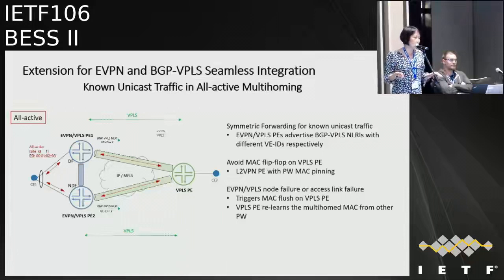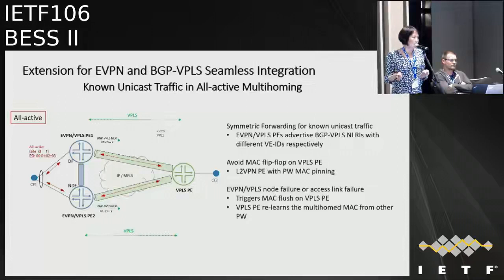This way, both PE1 and PE2 can accept the unicast and non-unicast traffic, depending on how VPLS learns the MAC. So the traffic for both non-unicast and BUM traffic are symmetric in this. The advantage is that it does not need any forwarding plane change. Basically, we can use existing features for VPLS and seamless EVPN and VPLS integration.